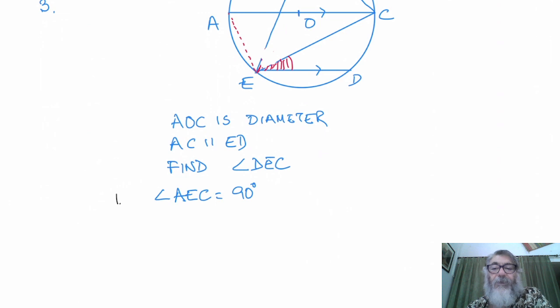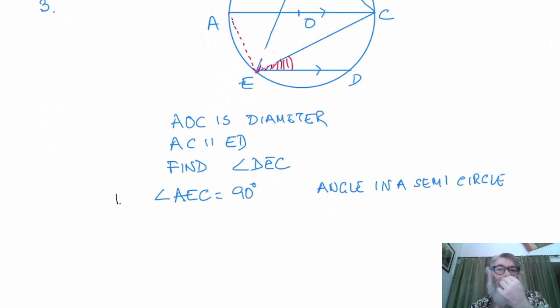It is the property of a semicircle. Angle in a semicircle is a right angle. So angle AEC is 90.